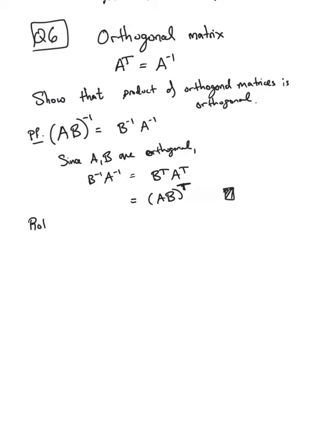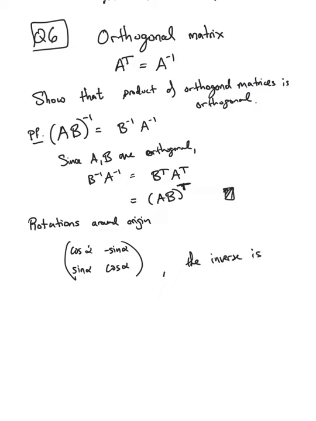To show rotations around the origin are orthogonal, well, we have the general formula. We have cosine alpha, sine alpha, negative sine alpha, cosine alpha. And then its inverse is cosine of minus alpha, minus sine of minus alpha, sine of minus alpha, cosine of minus alpha.